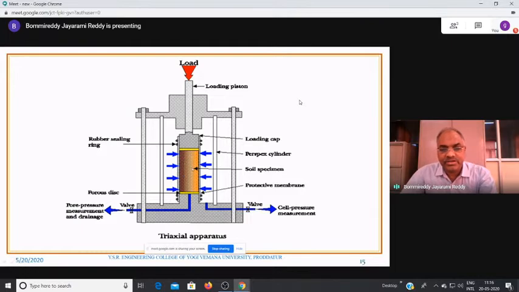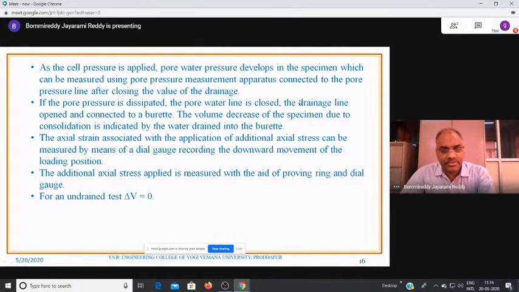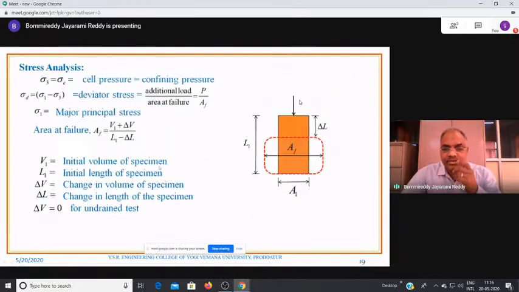Now let us see the analysis, how it is going to act. Originally the length of the soil specimen is L. Because of the application of the normal load, the soil gets compressed by delta L. At the time of failure, the cross-sectional area of the soil sample is AF, the area at the time of failure.